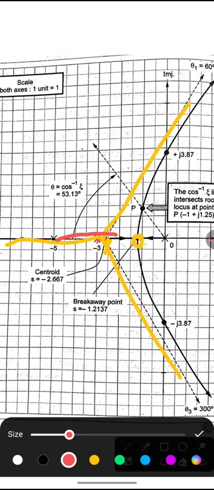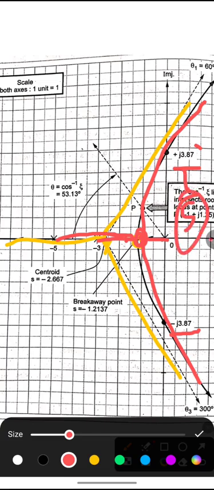Minus 5 is coming like this, minus 3 also coming like this, and the two poles will come, and here the 0 pole will come, and here it will break. One will go like this and intersect at plus j 3.87, and here it will intersect at minus j 3.87, which we have found in step 6, the intersection with the imaginary axis.